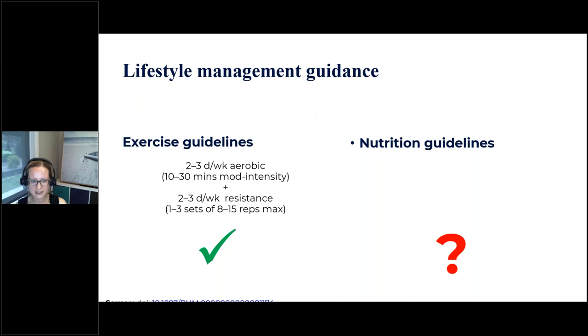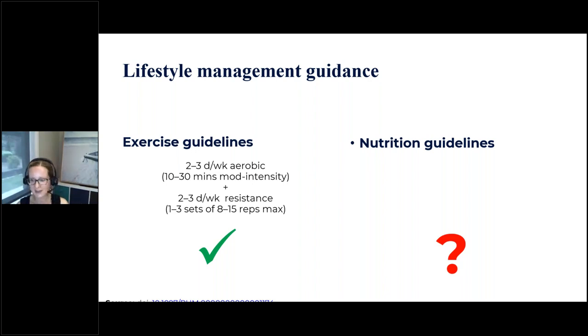We do know certain things are working relatively well, and that there are certain things that are better than other things that can be done from the nutrition space. But we don't have nice, clear guidelines like for exercise, where they say that you should be doing 2 to 3 days per week of aerobic activity, 2 to 3 days per week of resistance activity. It's nice, clear, and structured.